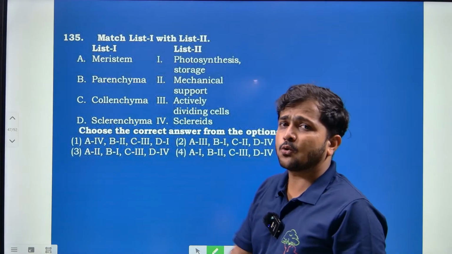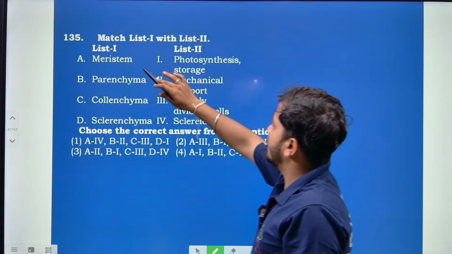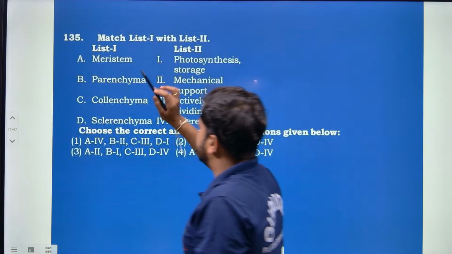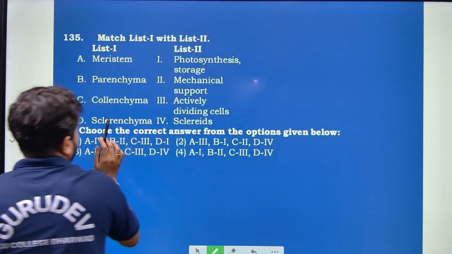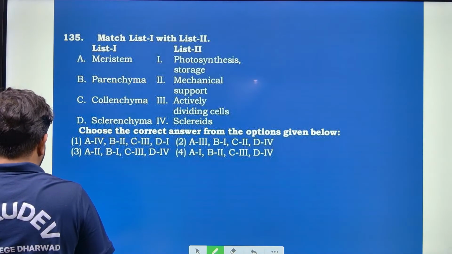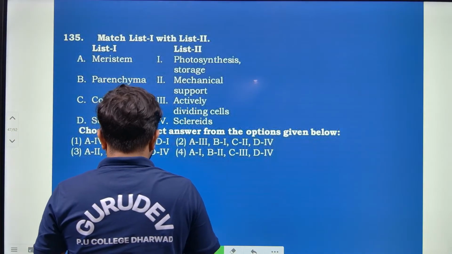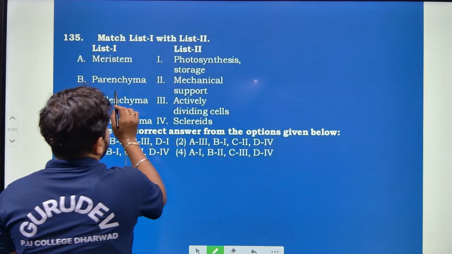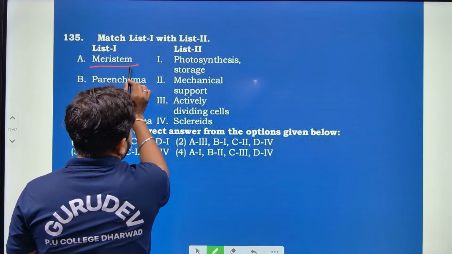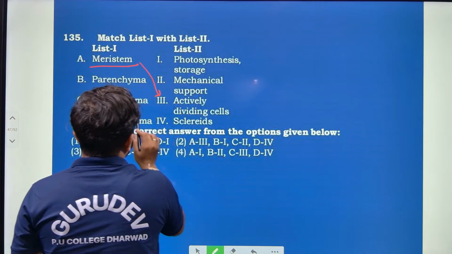Then the last question related to botany mentions list 1 and list 2: meristematic, parenchyma, collenchyma, sclerenchyma, right? Based on that we have to match the following. Meristem is related with actively dividing cells.